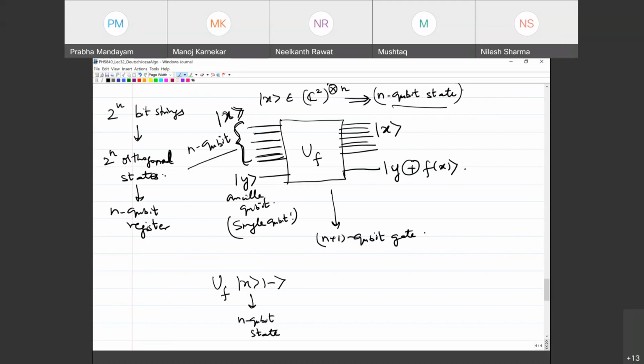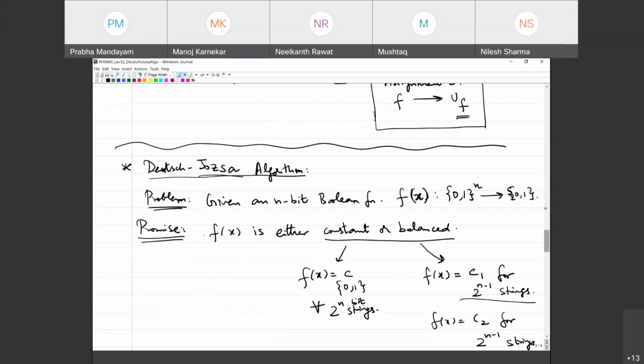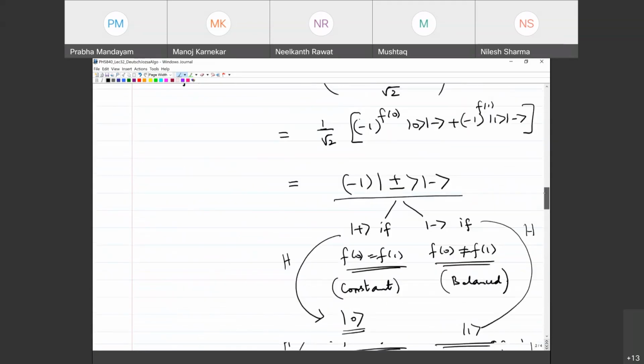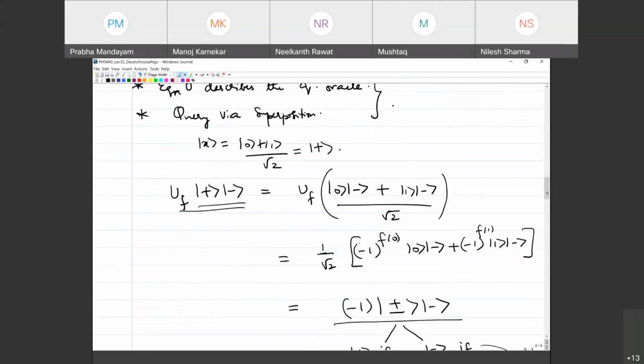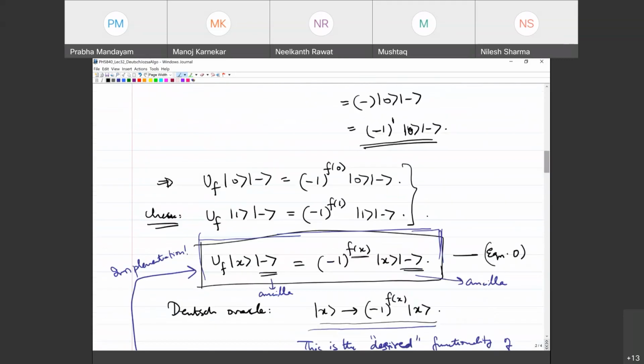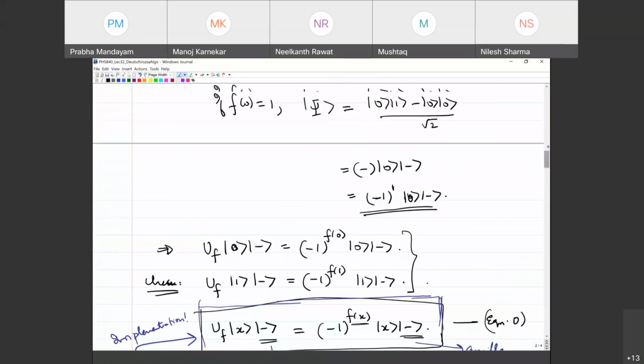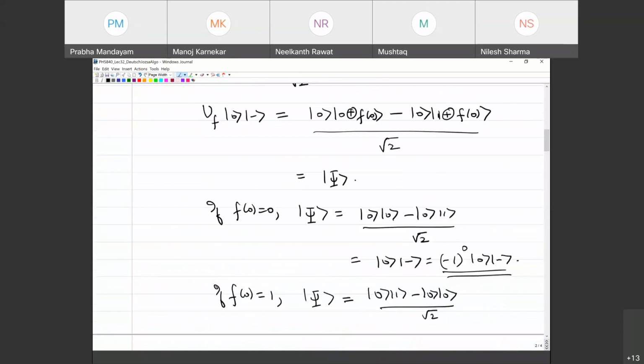This is going to again give me (-1) to the f of x, x minus. Because that mathematics just hasn't changed. Now it doesn't matter whether what was here was a single qubit state or an n-qubit state. This functionality remains the same, because this is going to follow exactly the same thing. This state remains unchanged. Instead of a single ket 0, it's going to be 0 tensor 0 tensor 0, n times, and so on and so forth.